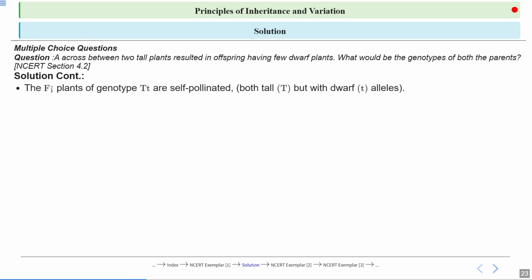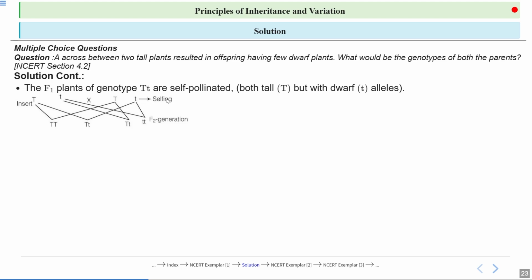Okay, when the F1 plants are self-pollinated, then what happens? You get the 3:1 ratio that we have seen. Clear? So this was the correct answer, capital T small t. One of the parents was capital T small t. Another parent was also capital T small t.